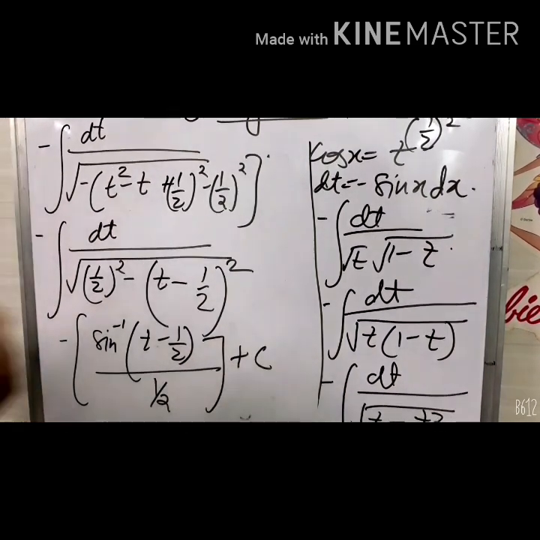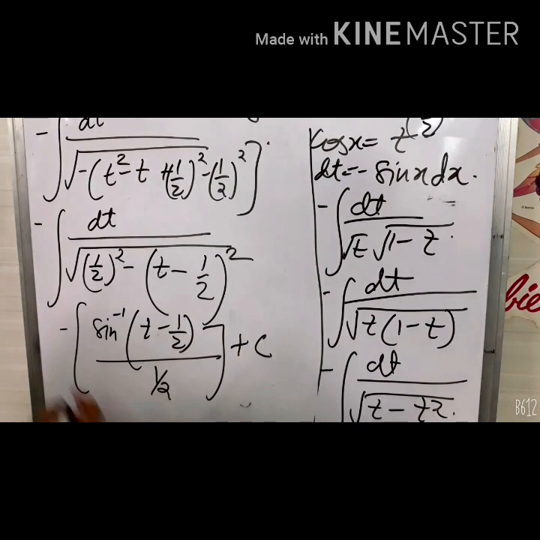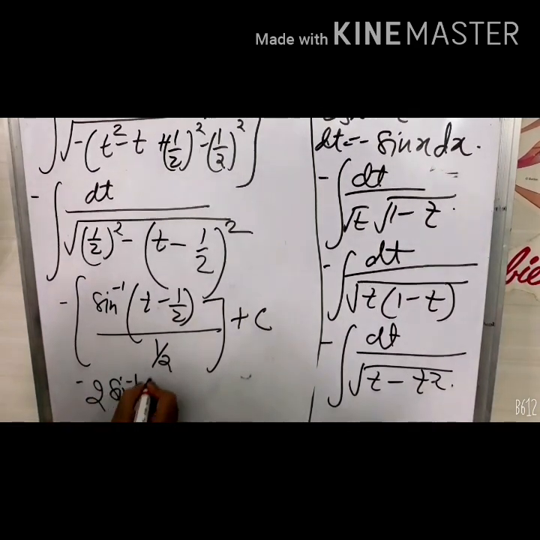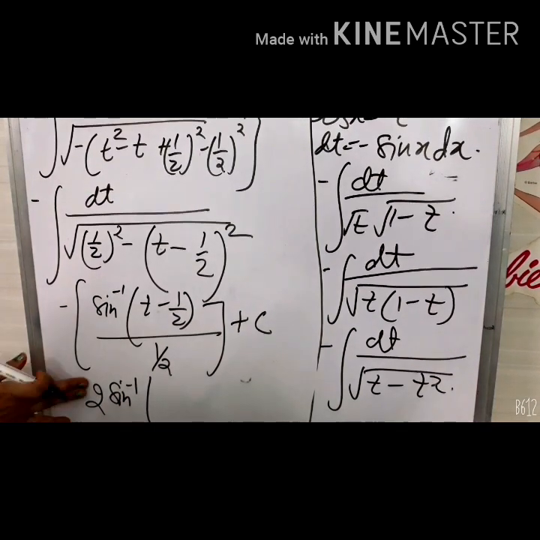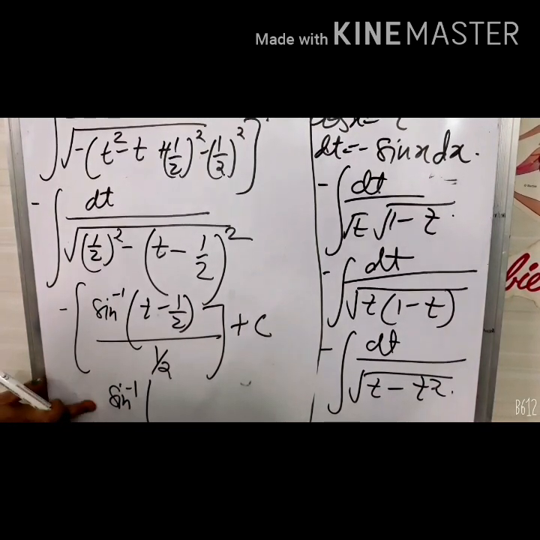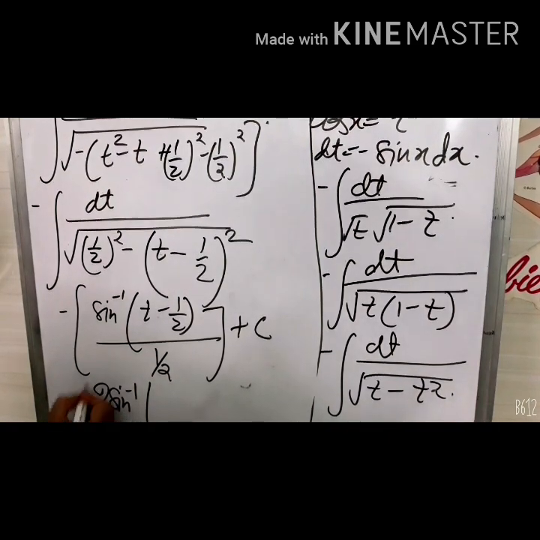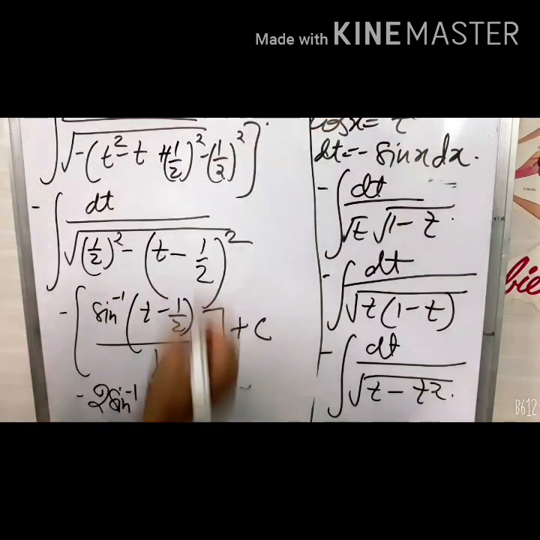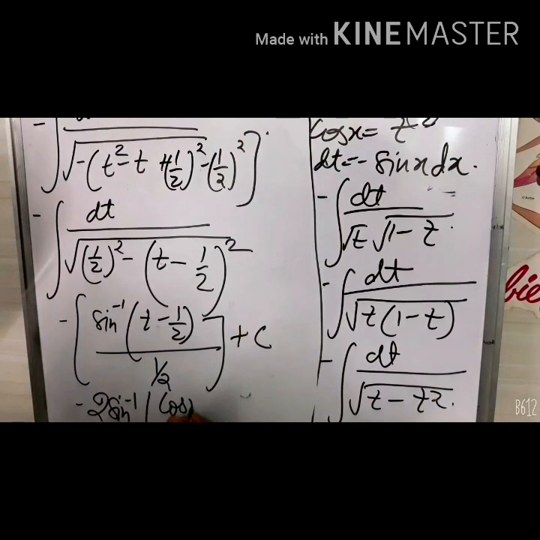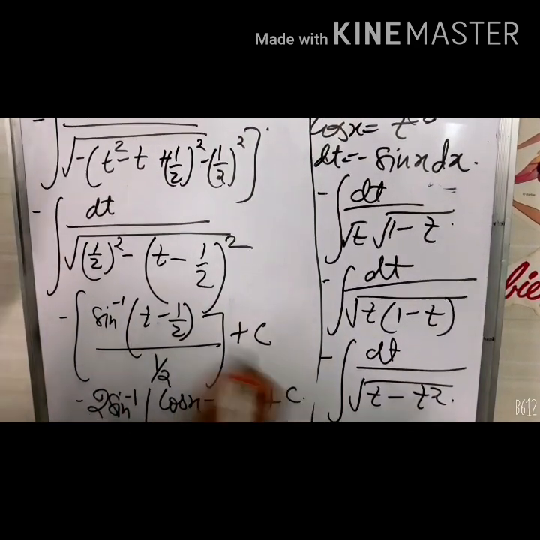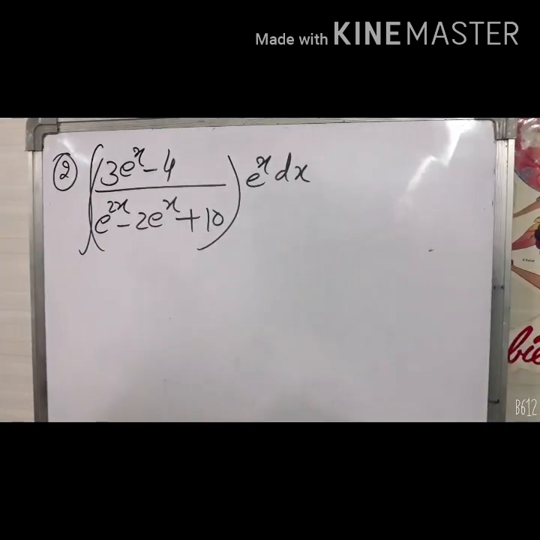Put the value of t, what we let as t, and it becomes minus 2 sin inverse, my mistake, sorry, this 2 should go up, of the value of t, which is cos x, minus 1 by 2, plus c. This is the answer.